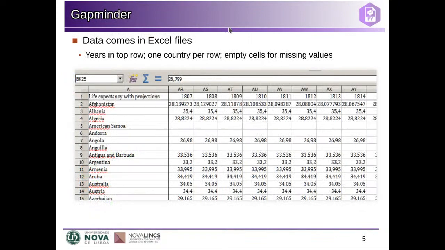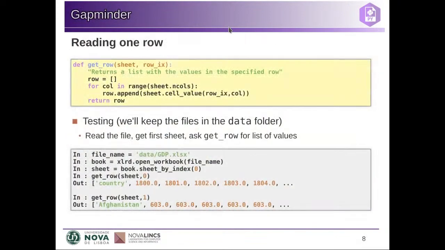So basically, we have in this case country and then the years here. And then if we go down on the rows, if we go to the second row, we start having the names of the countries and the actual values. So this function to get the data from a row allows us to read all the row as a list.